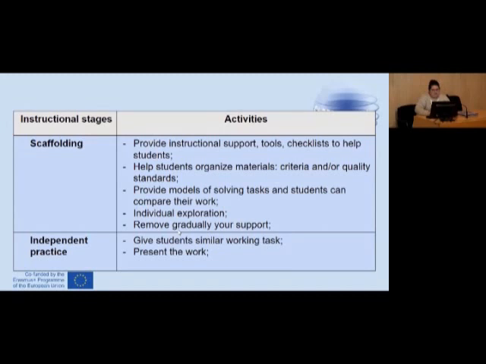In the scaffolding, now you have to give liberty, gradually organizing things, and help students organize their own materials and be there when you see they need to be helped.